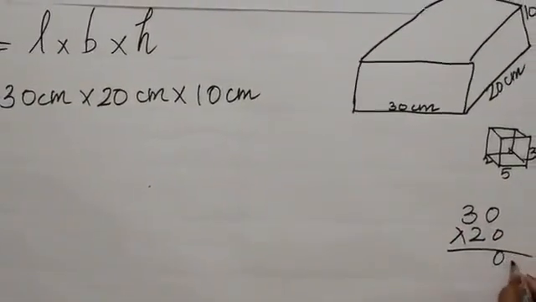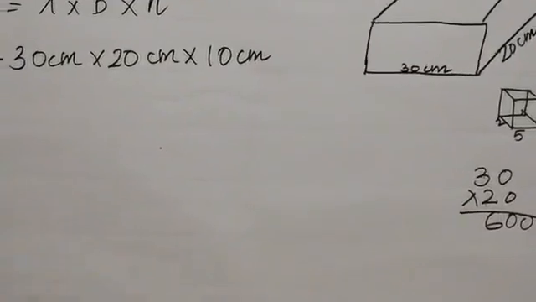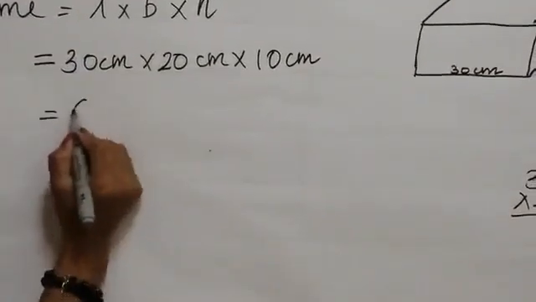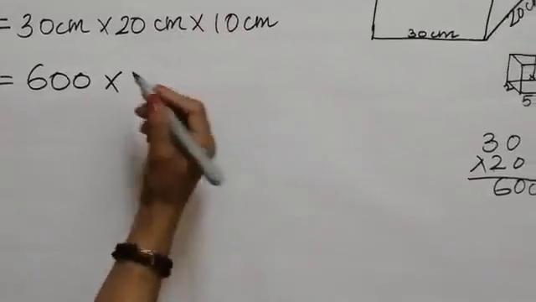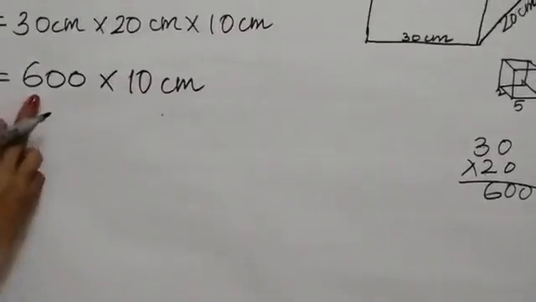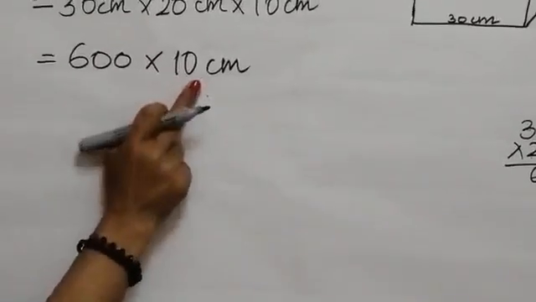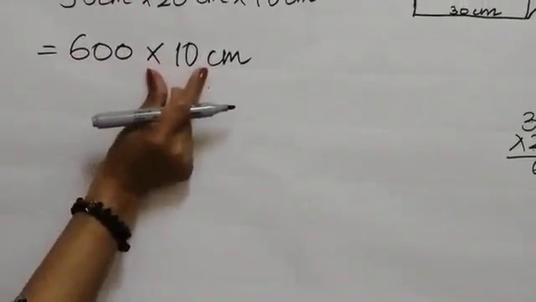2 zeros are there and 3 twos are 6. So here 600. Now the 10 centimeter height also we have to multiply. Any number multiplied by 10 is equal to the number with one more 0 added.